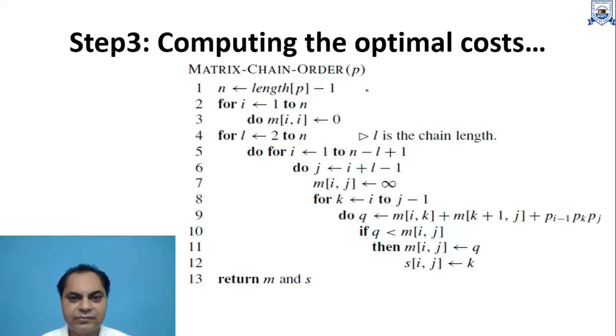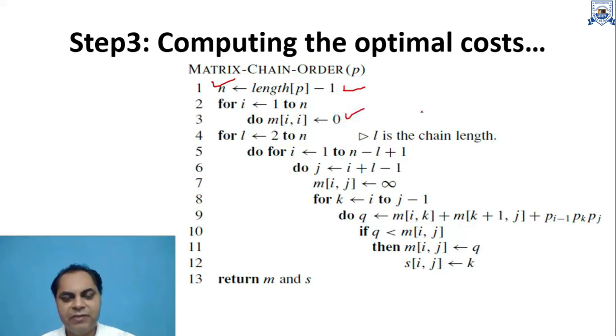What it does first is find the length of array p, which is nothing but the length of the array of dimensions of the matrices. As we have already discussed, the length of p is n plus 1 if we have n matrices, so length of p minus 1 gives the number of matrices. Now for i equal to 1 to n, m[i][i] is equal to 0.